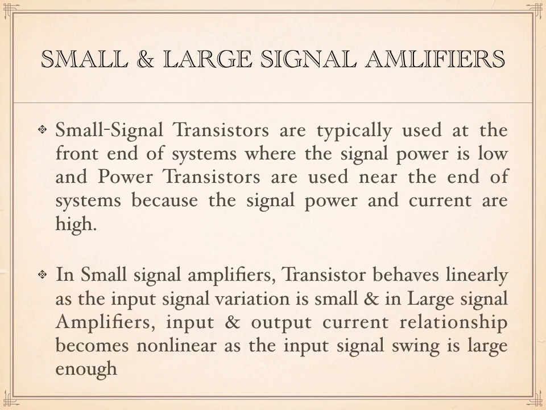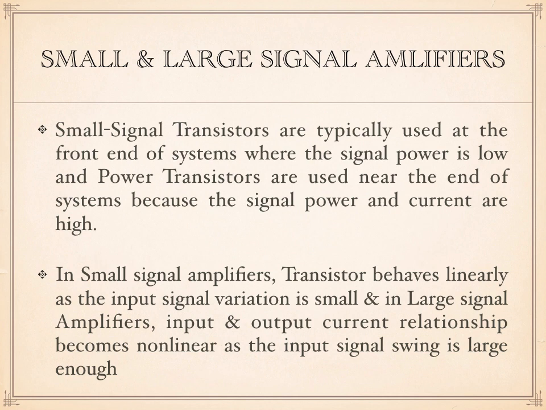In small signal amplifiers, the transistor behaves linearly as the input signal variation is small. Linear behavior means the dynamic characteristic curve is a straight line. What does that mean? That means the input-output signal relationship is linear, and in large signal amplifiers, the input and output signal relationship becomes non-linear as the output signal amplitude or output signal swing is large.